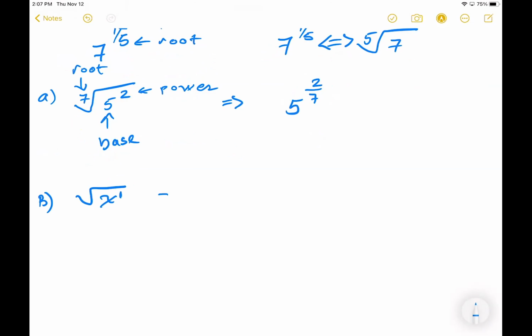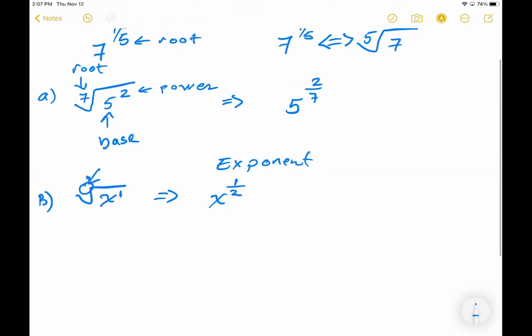So if you convert this to the exponent, this is our base, the power is the first power, and the root, reminder, if there's no number here, is assumed to be a square root. That's your base root.